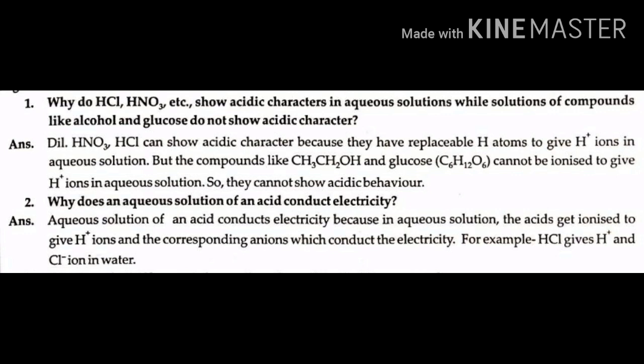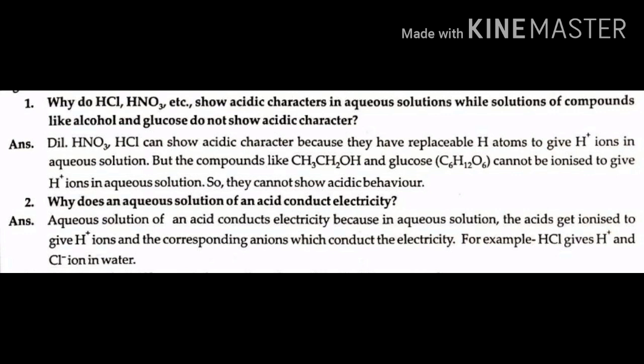Dilute HNO3 and HCl can show acidic character because they have replaceable hydrogen atoms to give H+ ions in aqueous solution. But compounds like alcohol, ethanol, CH3CH2OH, and glucose cannot be ionized to give H+ ions in aqueous solution, so they cannot show acidic behavior.